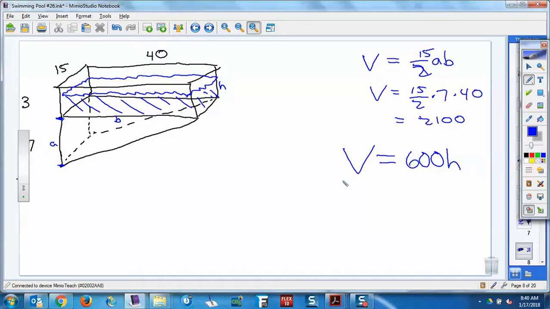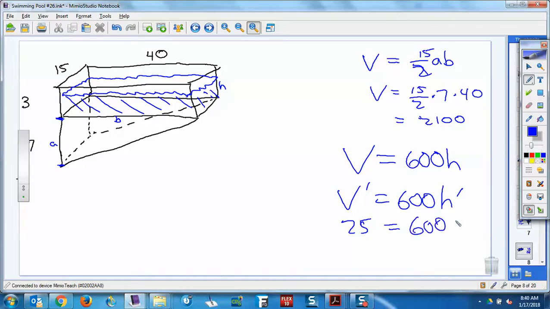So now we just do the derivative. V prime equals 600H prime. Right? And what's V prime? Didn't they give it to us, 25 cubic feet per minute, right?